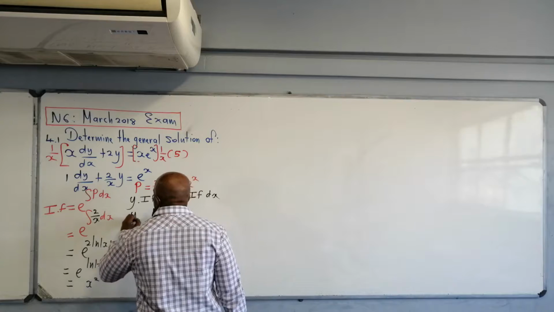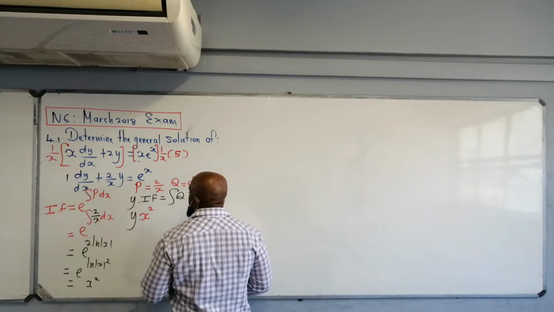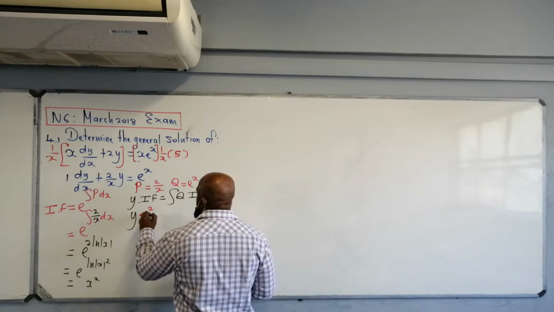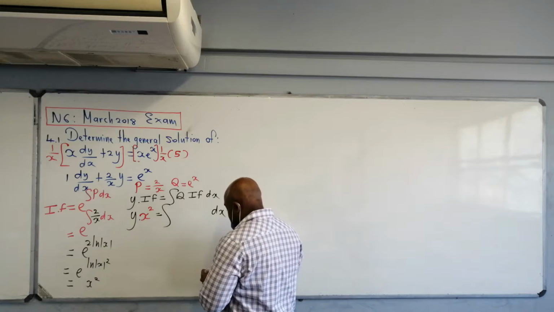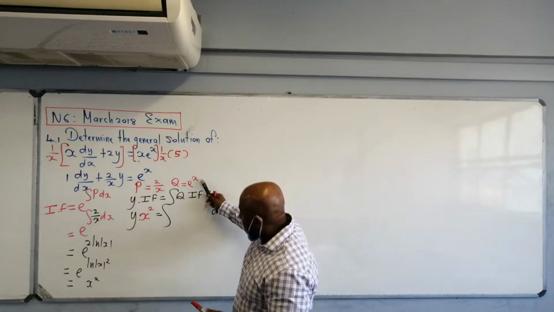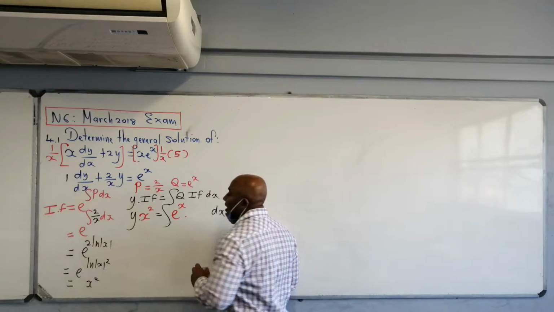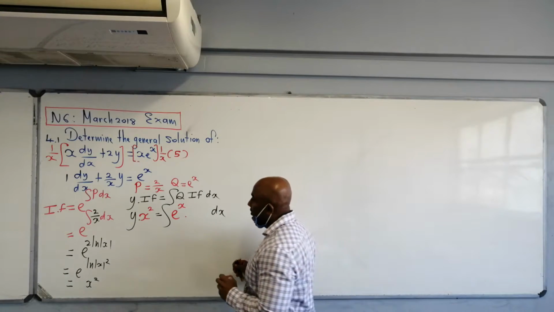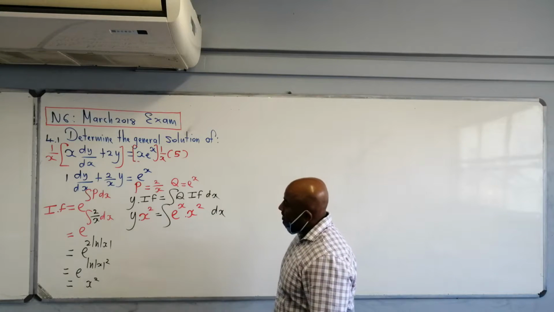So it's going to be y times my integrating factor x squared is equal to the integral of q. What is my q? q is e to the power x times your integrating factor here, which is x squared.